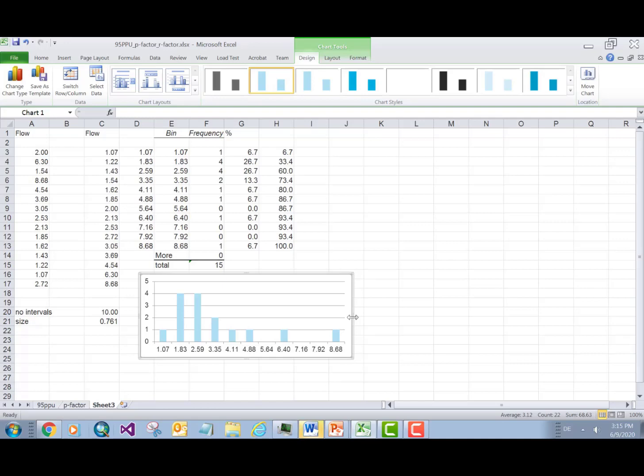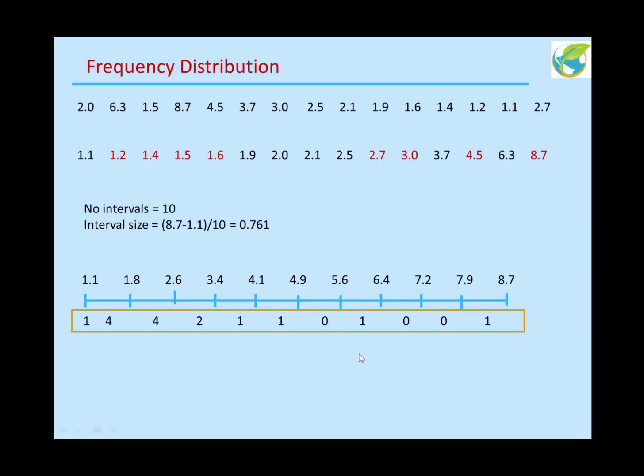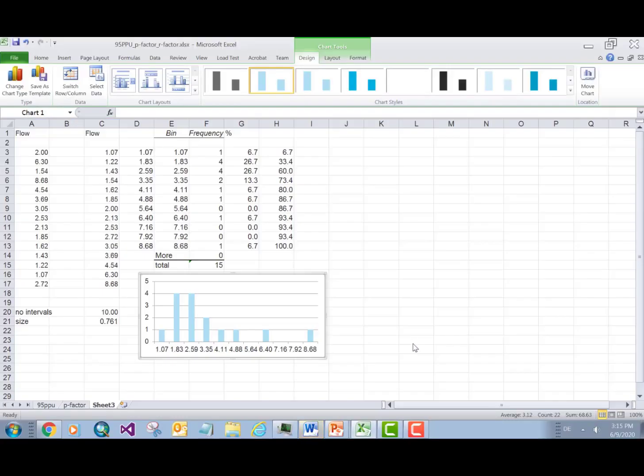That's the same thing that I had plotted in the PowerPoint there. So that's the frequency distribution, and now this is my cumulative distribution.